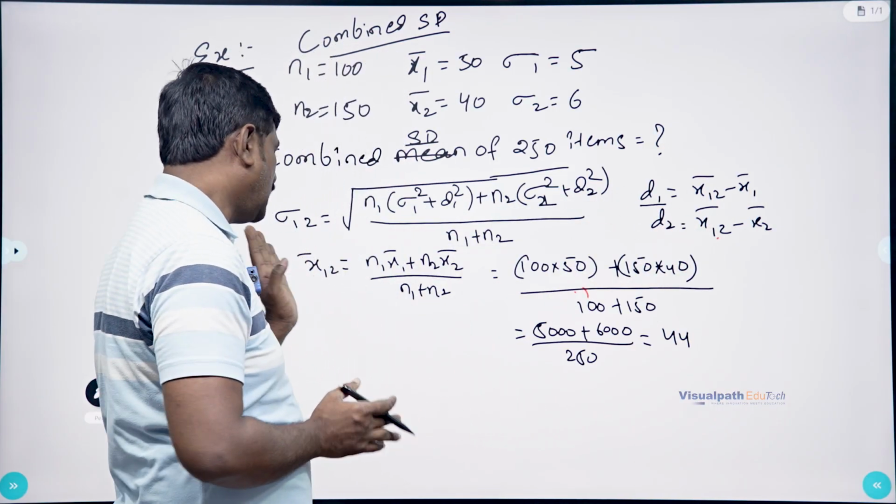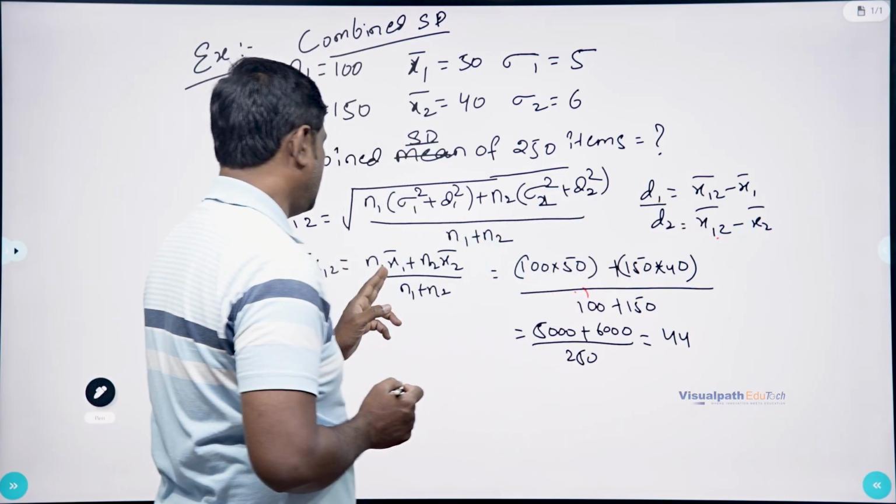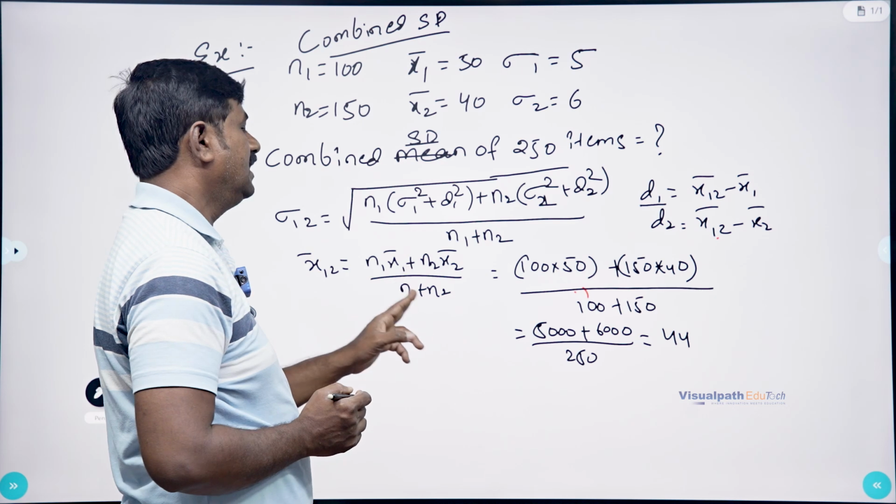To calculate the combined mean x12 bar, it is n1 x1 bar plus n2 x2 bar by n1 plus n2.